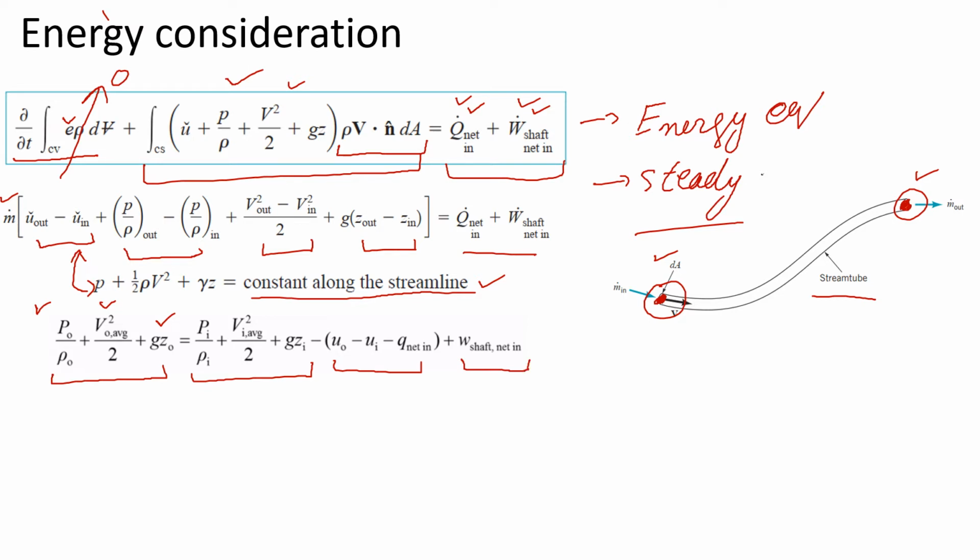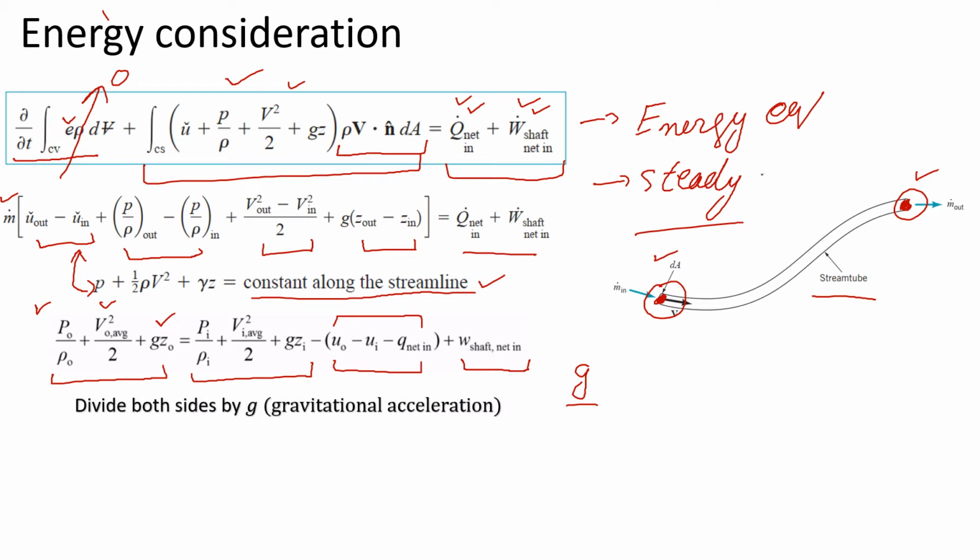Now these three terms are in a single bracket because if we divide the right hand side and the left hand side by g, the gravitational acceleration, we will get this term in terms of head losses, and this is what we are interested in because we want to find the head loss inside the pipe.